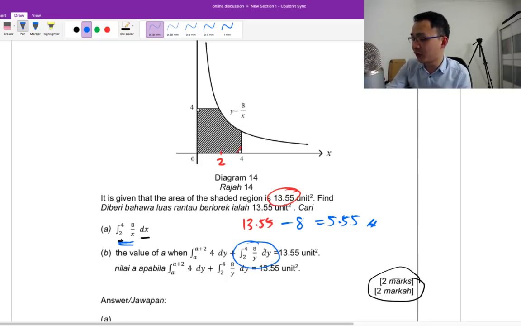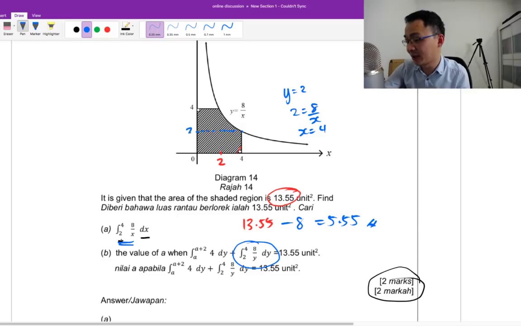So y from 2 to 4, I do not know about the x value for y 2. So I will substitute when y equals 2, I will see what happened. 2 equals 8 over x. So x is still equal to 4. That means when my y equals 2, x will equal 4. So you have something like this. So your 2 will be here. Because dy, so I will do on the y-axis over here.